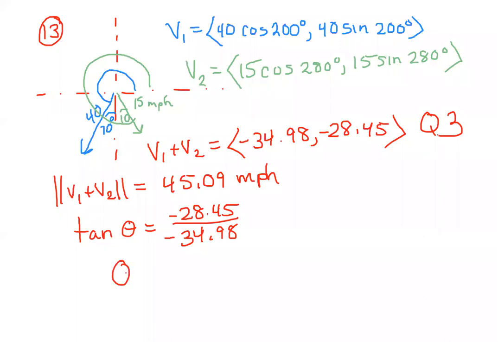So when we put this into our calculator, we get inverse tangent of this, and your calculator gives you 39.12. But that is not in quadrant 3, so we're going to have to add 180, and we get 219.12 degrees.